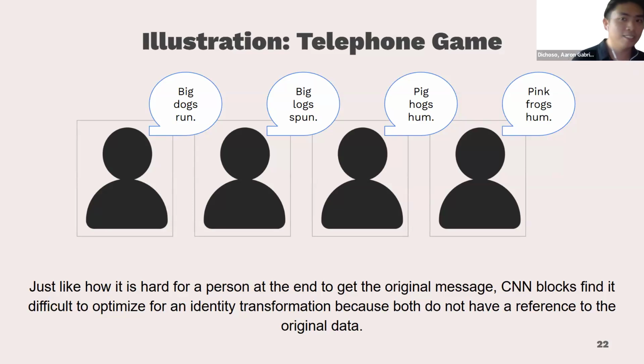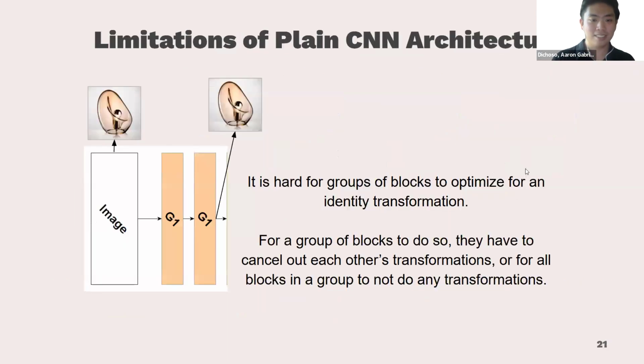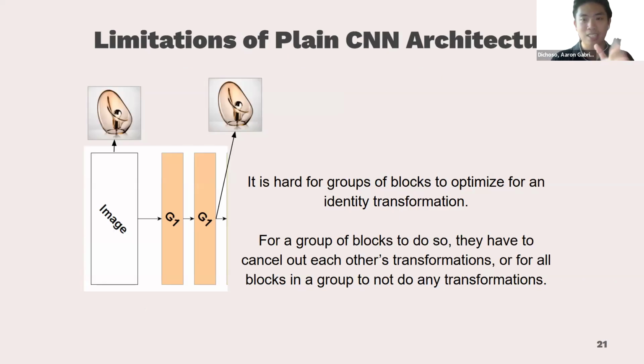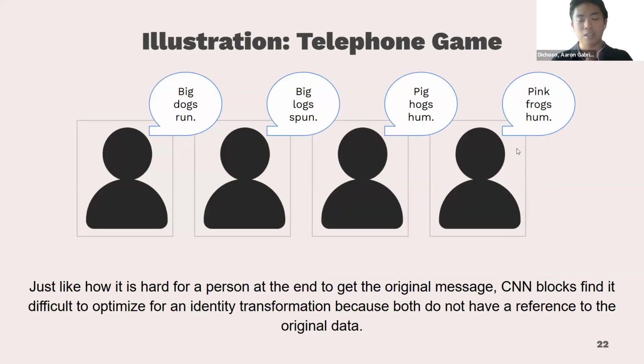Okay. Thank you, Sir Aaron, for that question. As mentioned, the telephone game is all about trying to pass the message between your group, right? That is similar to the limitation of CNN architecture, because when you're trying to do an identity transformation, identity meaning no changes at all, between many different blocks of layers in one group, it's similar to the telephone game because you're just trying to pass the original information along these specific groups.